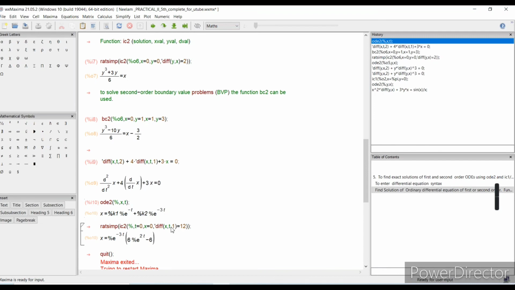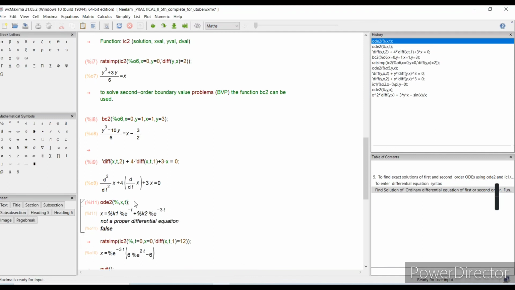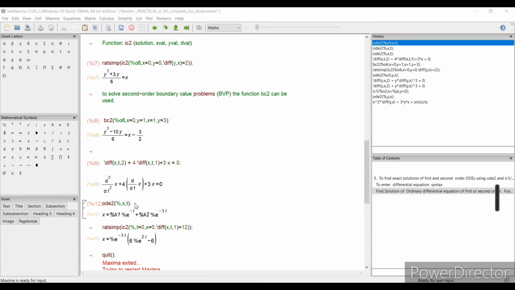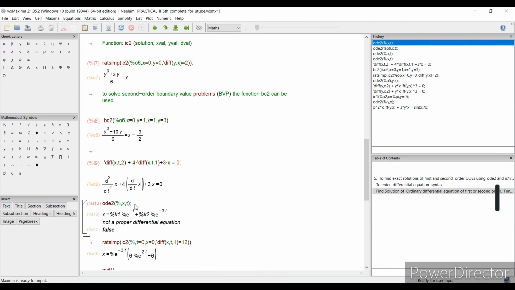When you simplify this one, your constant comes out to be according to this. There is a problem. I obtain a problem here because it is not a proper differential equation.